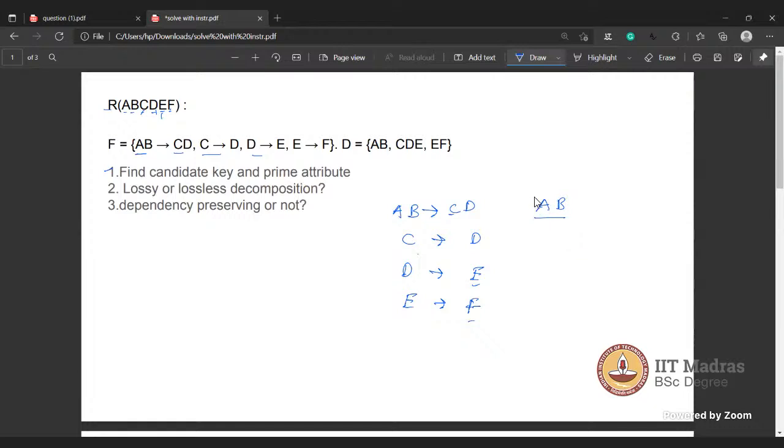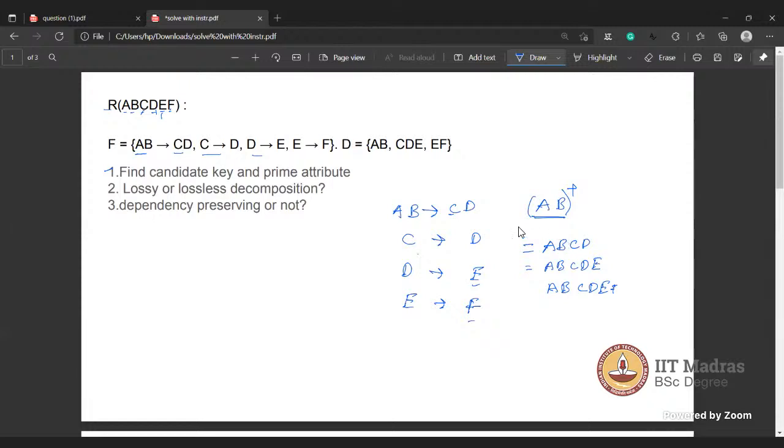So let's take the closure of AB. AB determines CD, so we get A, B, C, D. Then C determines D. From D determines E, we get E. So A, B, C, D, E. E determines F, so we get A, B, C, D, E, F. So with the help of AB, we can find all the attributes.